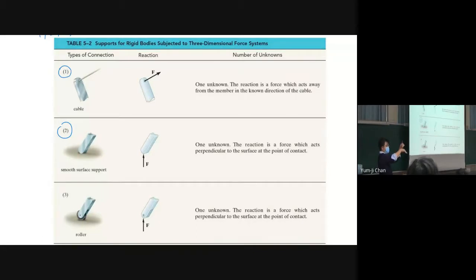And it can move, because we are saying it is a move, so it can slide to the left and right, can slide to the front and back, but it cannot go down or go up. So we have survey support, we have one force here.